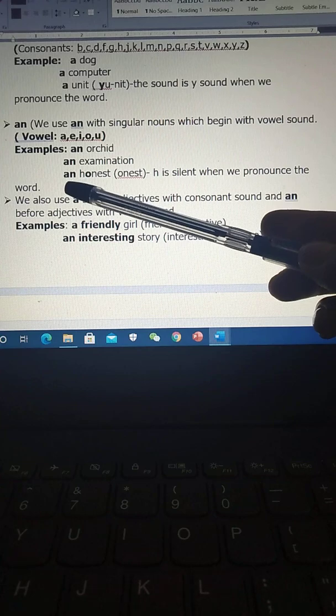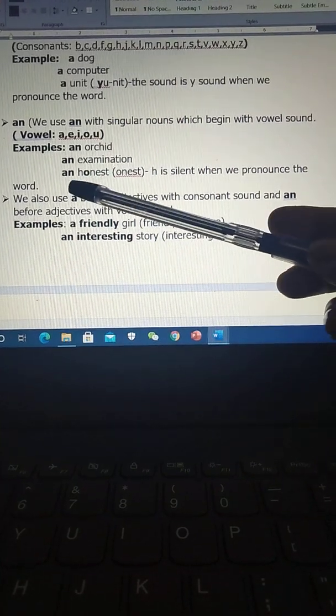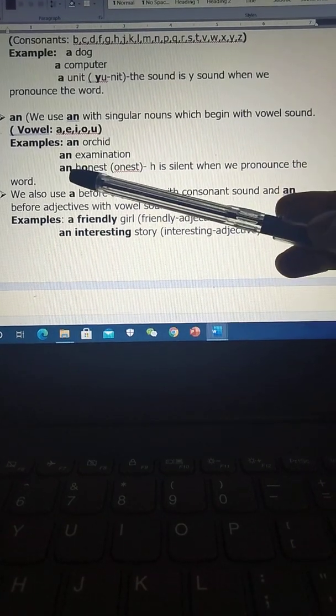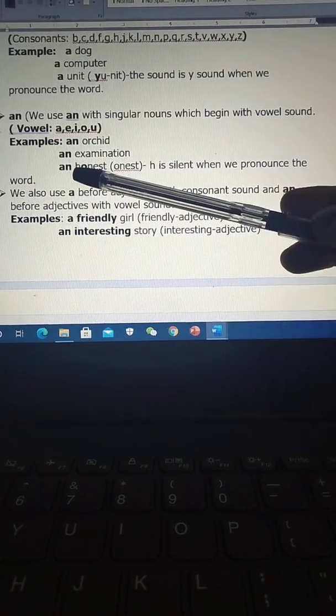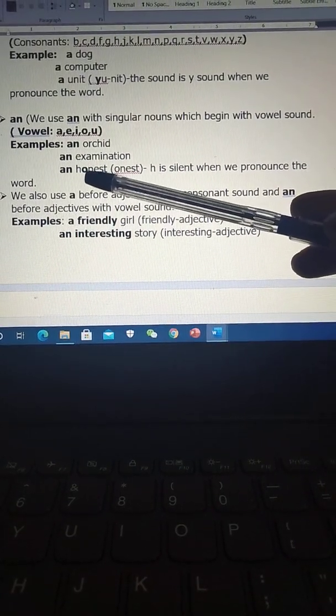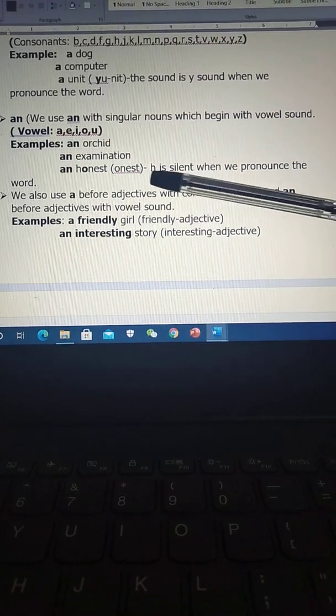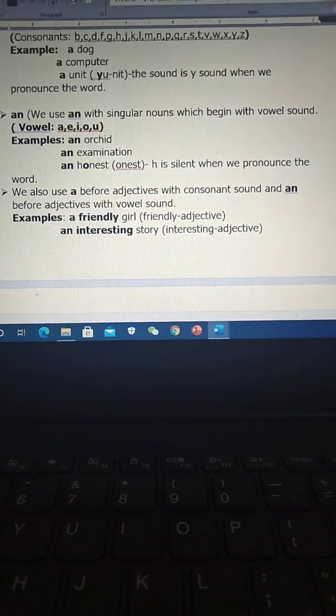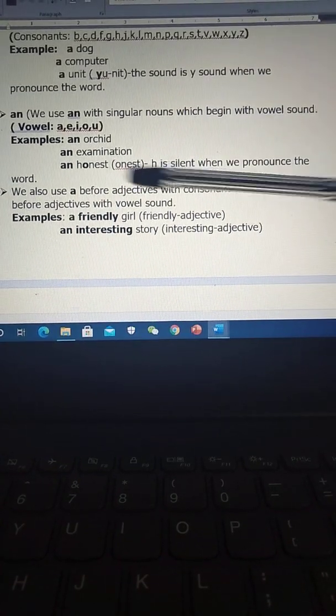But look at this word, an honest. We don't say "honest" with an H sound. The letter is H, but when we pronounce the word, it is honest, O sound. That's why we put an honest, an honor, an hour. There are so many other words.